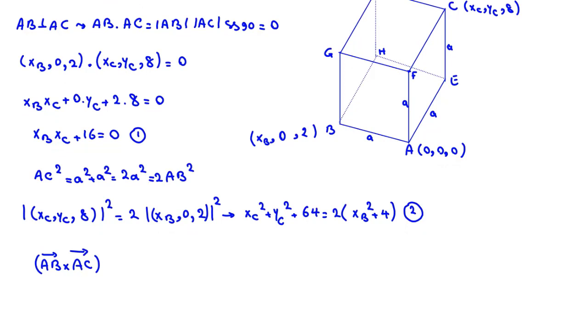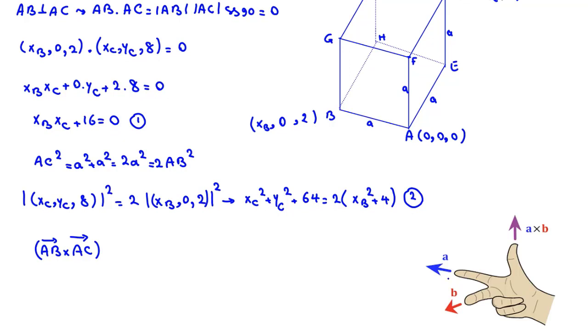Let me show you. The rule is this: for example, cross product A times B, you open your hand, start from A, close your hand to B, then your thumb shows the direction of A cross product B.